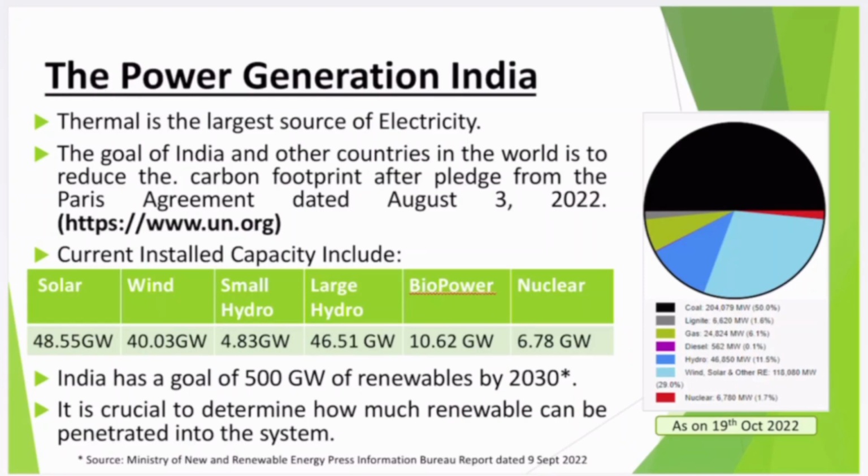But considering the zonal or geographical challenges, it is not necessary that in each and every zone my load is always higher than the generation. In some cases, especially hydro-rich or renewable-rich zones, in the desert as well as hilly stations, the consumers are very few. In that case, it is a challenge to understand how much renewable can further be integrated, because the generation is already higher compared to the loads in that particular region.